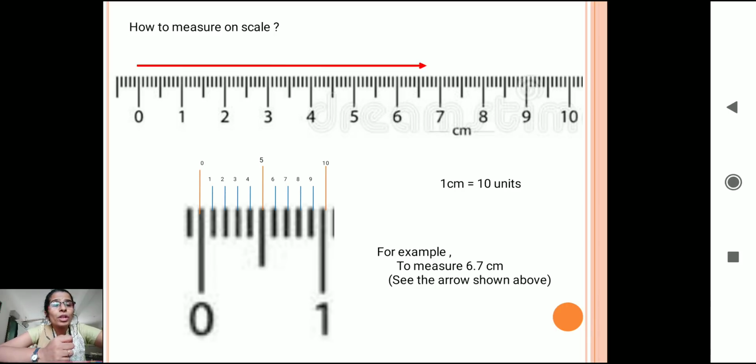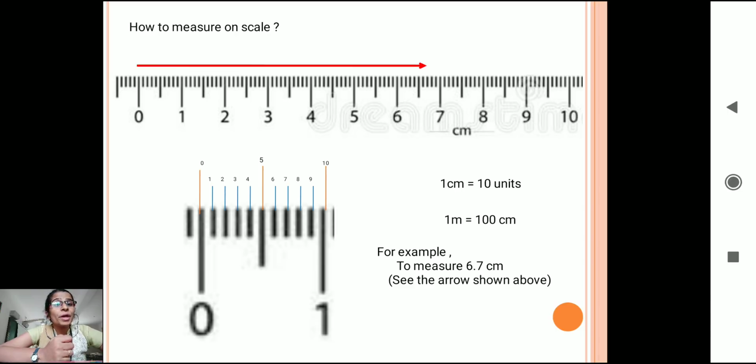Yes. So you will also draw lines like these and try it out at home. This will be like an activity. You can also try 5.7, 7.8. We also know now that 1 centimeter has 10 units, meaning 10 lines.